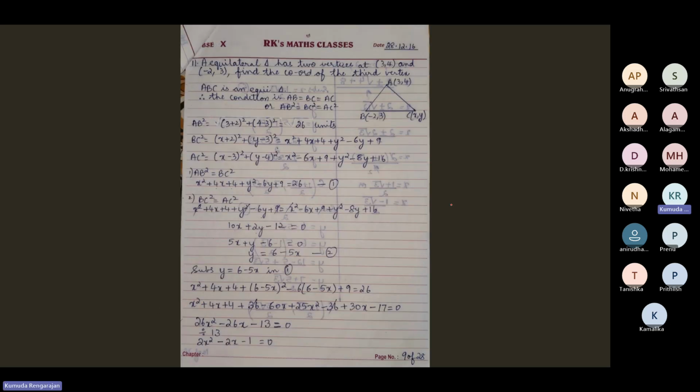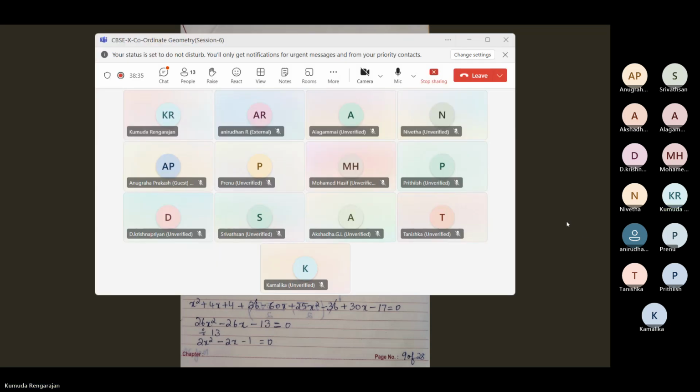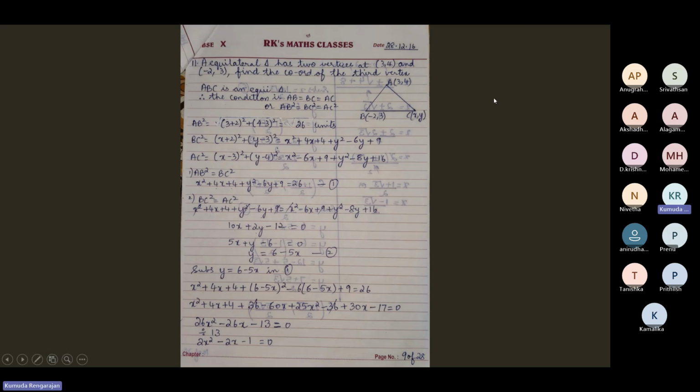I'll just share these images on WhatsApp. I'll teach till about 8:30. I want to finish this today. So today we'll wind up with coordinate geometry, and I'm planning to start triangles next. Anyways, we'll discuss it at the end of the session.